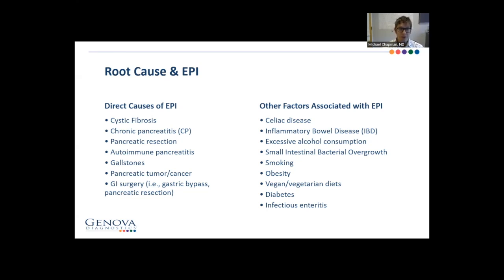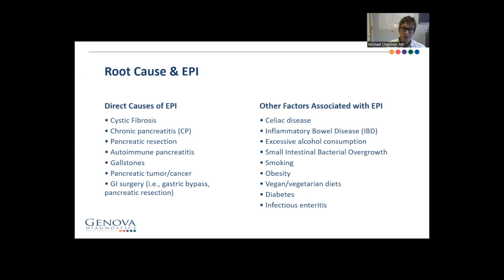SIBO actually has an indirect way to create pancreatic insufficiency, or subclinical or maybe mild pancreatic insufficiency. Smoking, obesity, vegan and vegetarian diets. That's kind of interesting. The body typically responds to what a patient's eating, and with vegan and vegetarian diets, it tends to lower the production of some of the proteases because there's not as much need for strong protein breakdown.